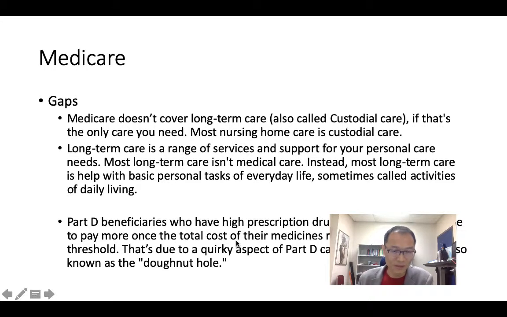So maybe they're only covered for like $5,000 per year, and then after that, they have to pay the full amount. This is called the donut hole.